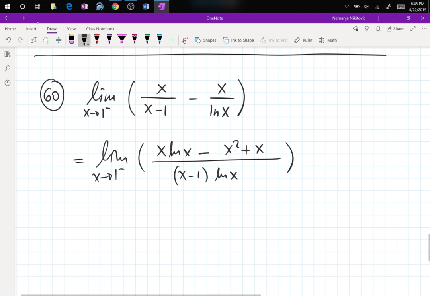When I plug in 1, I get 1 times 0 minus 1 minus 1 divided by 0. I copied all of these, right? Minus there and minus there, minus there, minus there, okay. I get 0 times 0 here.